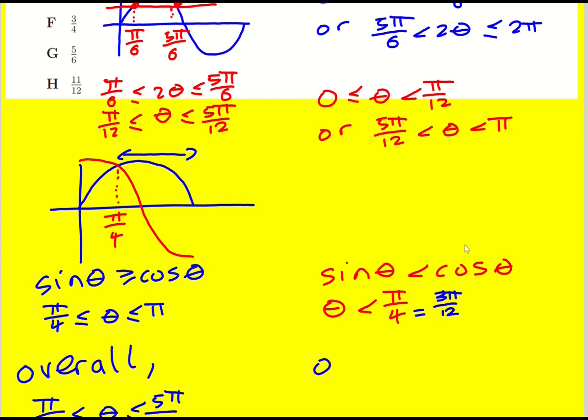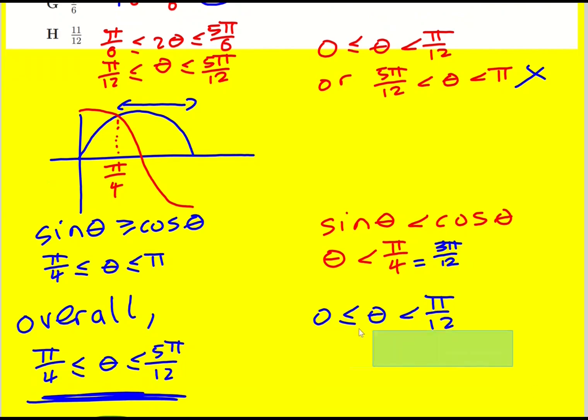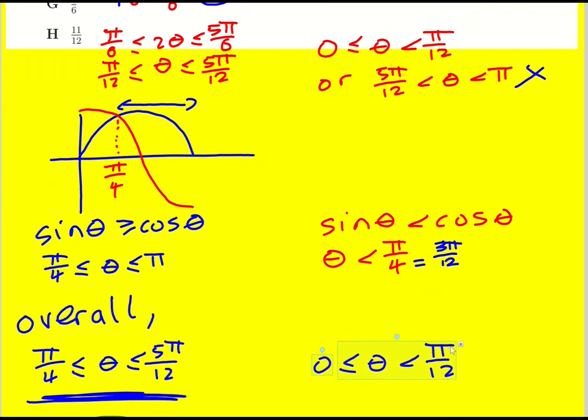So I've got this little region, actually it's just going to be 0 to pi over 12. I need theta to be less than 3 pi over 12, which rules out this one. And I need theta to be between 0 and pi over 12. So 0 less than or equal to theta less than pi over 12 is my overall answer for case 2.